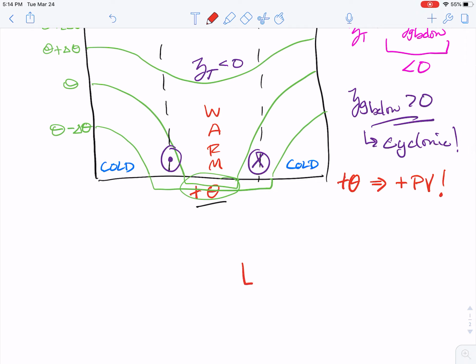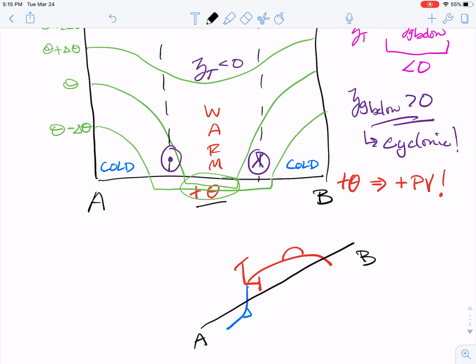Let's go ahead and draw our L. Let's say we have a warm front off to the east, a cold front to the west. And let's go ahead and place this cross-section within this context. We're going to draw our cross-section such that A would be to the west, B to the east, and we'll annotate A and B on our cross-section.